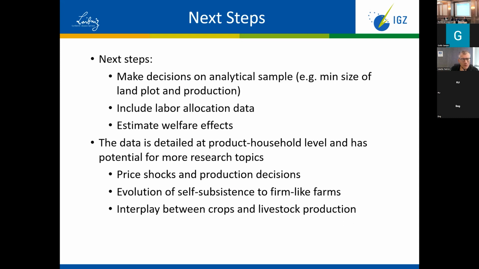But given we worked so hard on this data for many months, it is definitely so detailed that it can open ways to new topics, new papers. For example, I already mentioned price shocks and production decisions, evolution of self-subsistence to firm-like farms, and interplay between crops and livestock production. And it seems to be definitely of interest probably here.